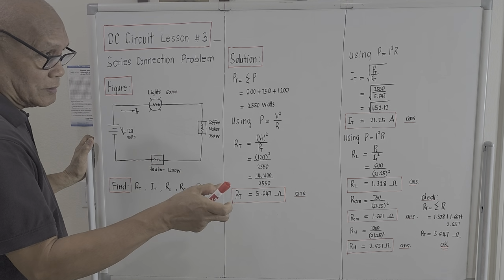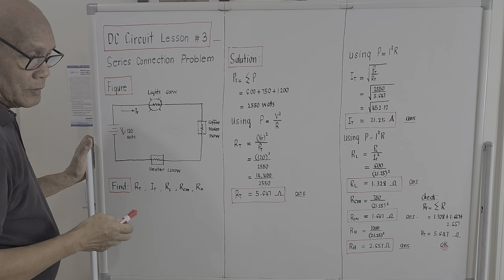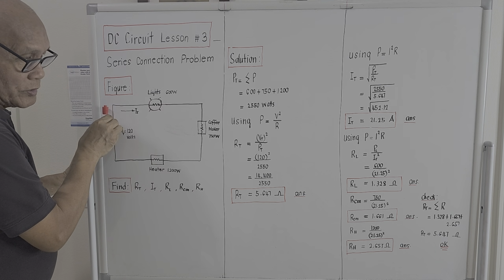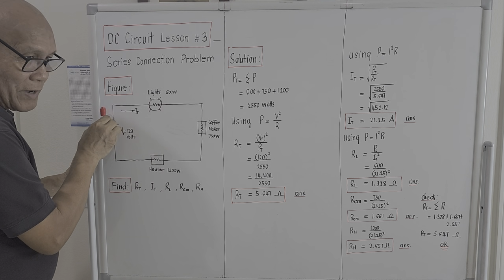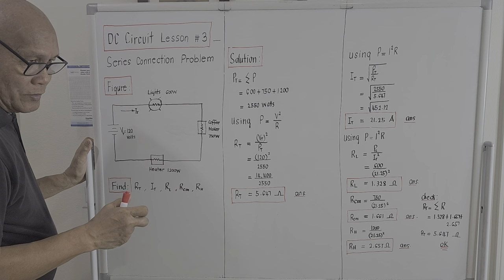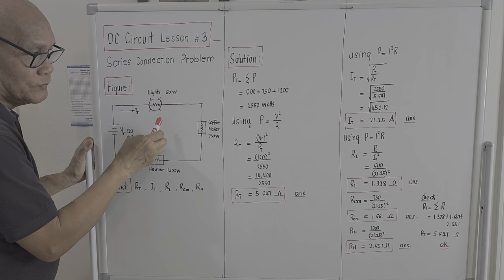To illustrate a series connection problem, this will be the figure. Okay, I'll give you the figure. The voltage source is a battery. It could be a battery or maybe a direct current generator. The first load is a lighting load.